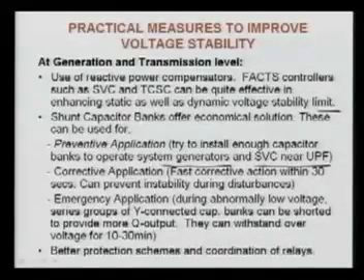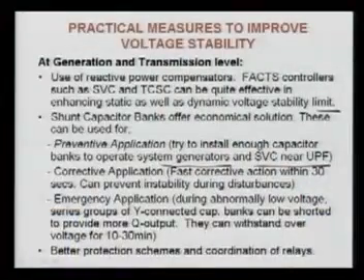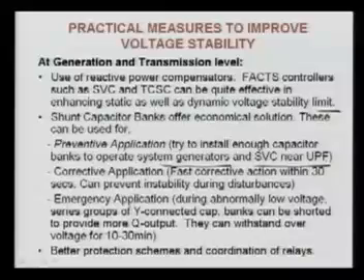If they are operating near unity power factor, they will enhance the system's voltage stability very much. The corrective application includes fast corrective action within 30 seconds, which can prevent instability during disturbances.